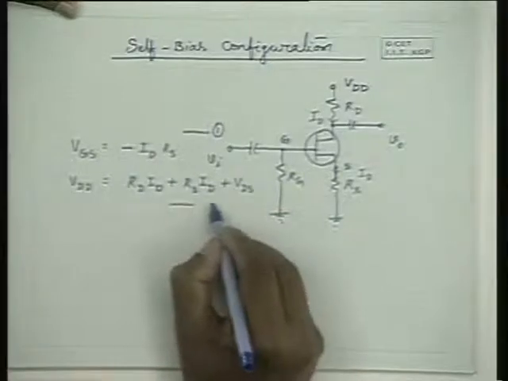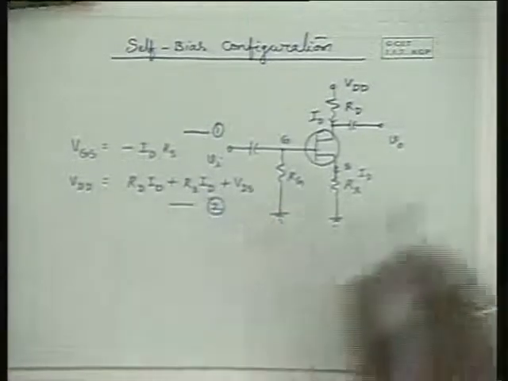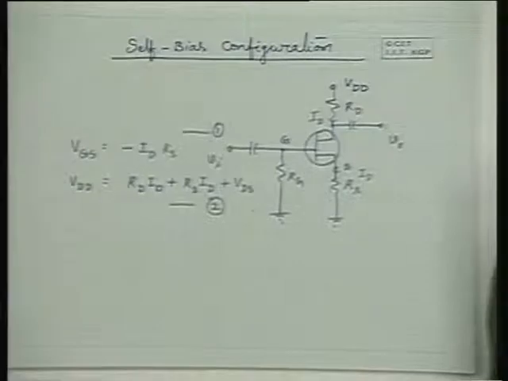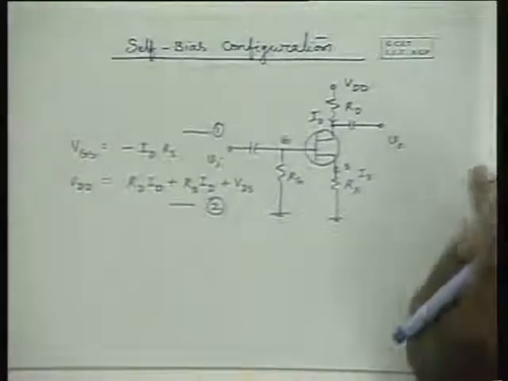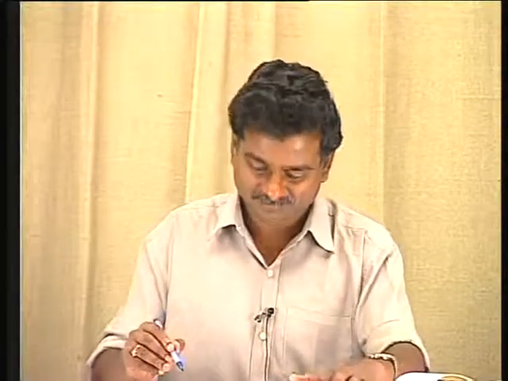This is the second equation. Please note that purposefully I have dropped the notation now. I am no longer writing Q here, but it is understandable. What we are doing is the Q point analysis.